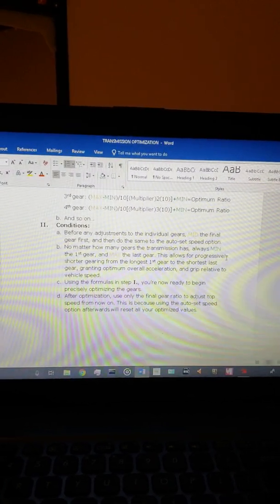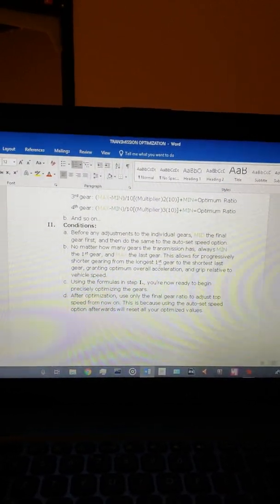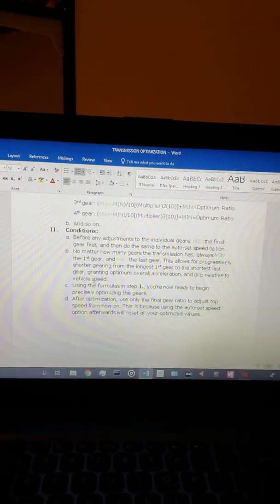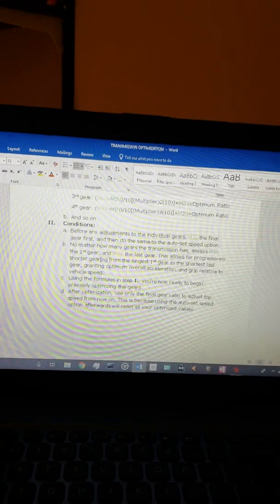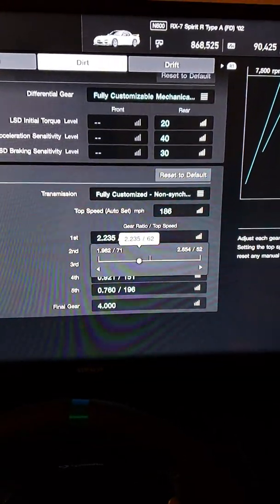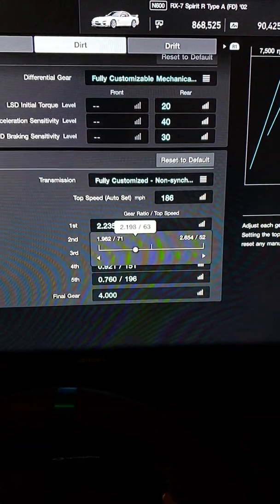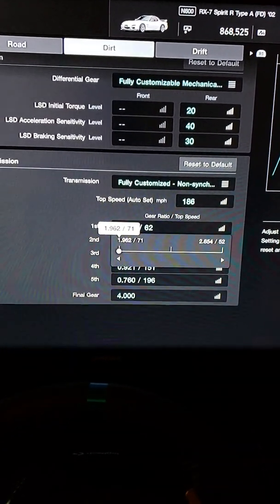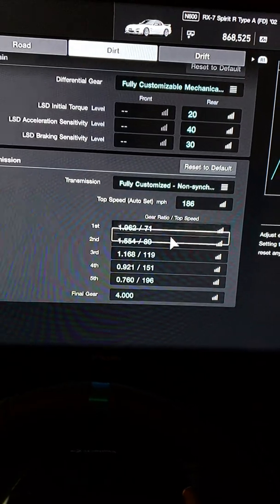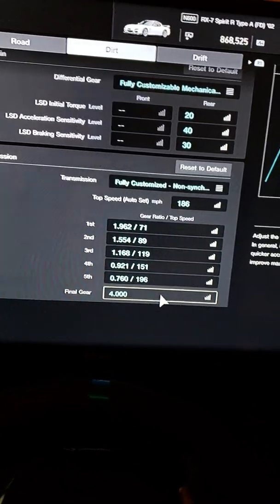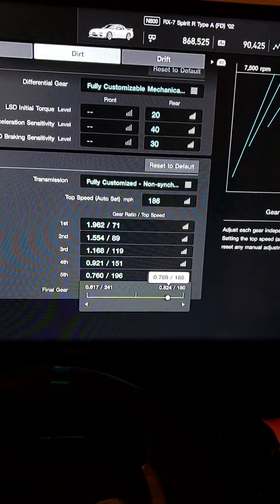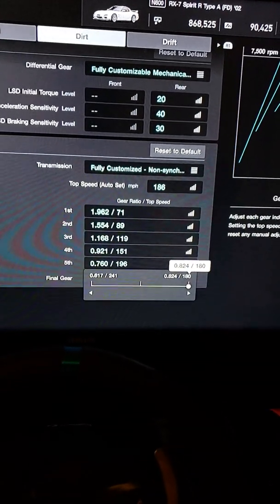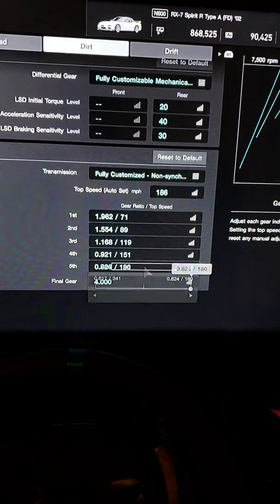This allows for progressively shorter gearing from the longest first gear to the shortest last gear, granting optimum overall acceleration and grip relative to vehicle speed. So basically, you're going to slide this all the way to the left for the first gear, no matter how many gears the transmission has, if it's 5 gears or 60 gears, if you're driving like a truck or something. And then the last gear you'll slide all the way to the right. I can't really speak English today.